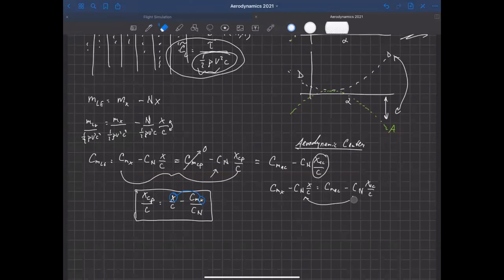So actually, maybe first, let's apply our definition. Remember, our constraint over here to solve for the center pressure was that the pitching moment at the center pressure was 0. Well, what do we know about the pitching moment about the aerodynamic center? What's the constraint that we apply for that?